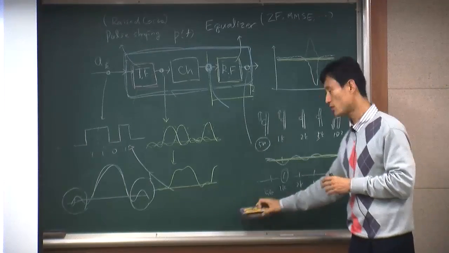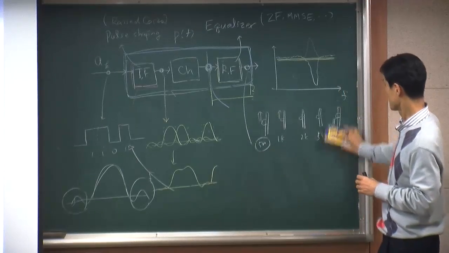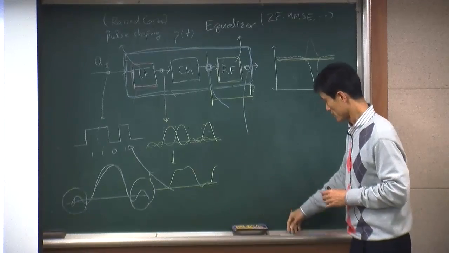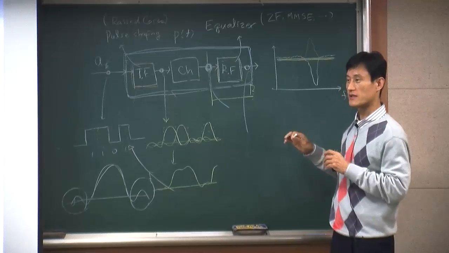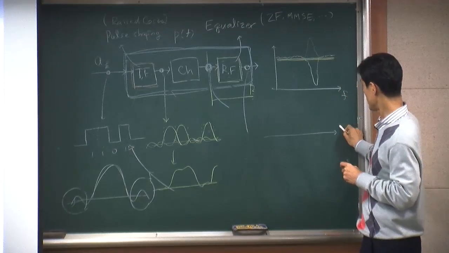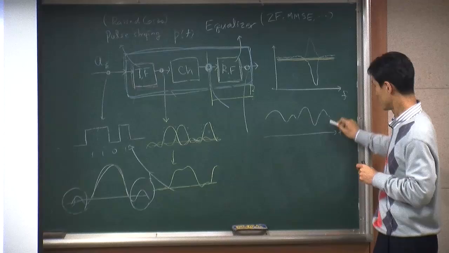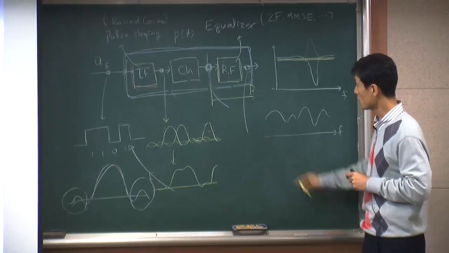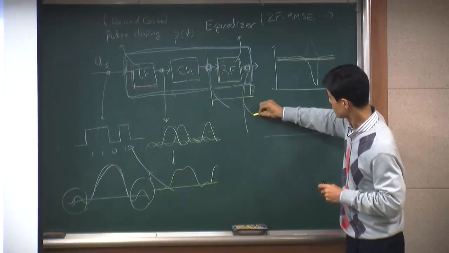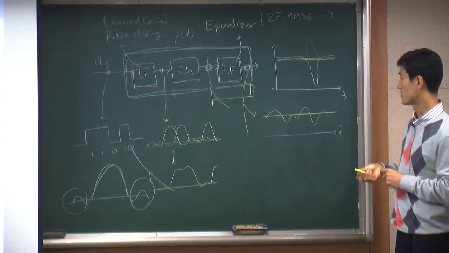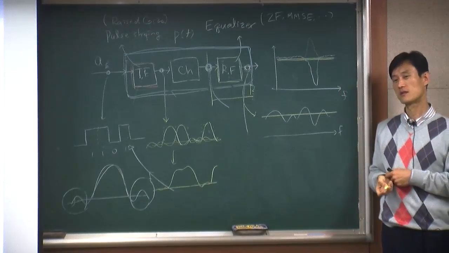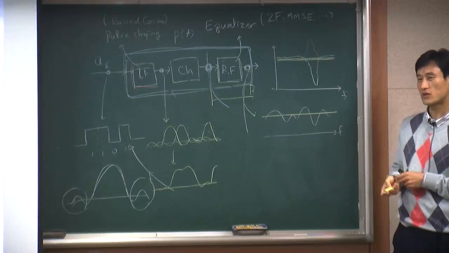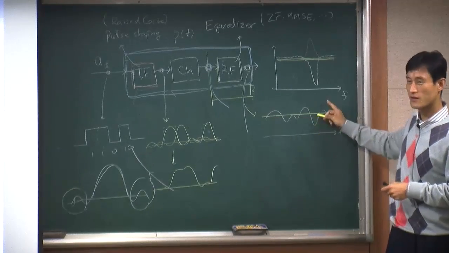Why do you want to make it equal gain, by the way? Why do you want to equalize it? So the input is eventually like this, but after the equalizer at the output, you want to equalize it. So why do you want to equalize it? What's wrong with this one?